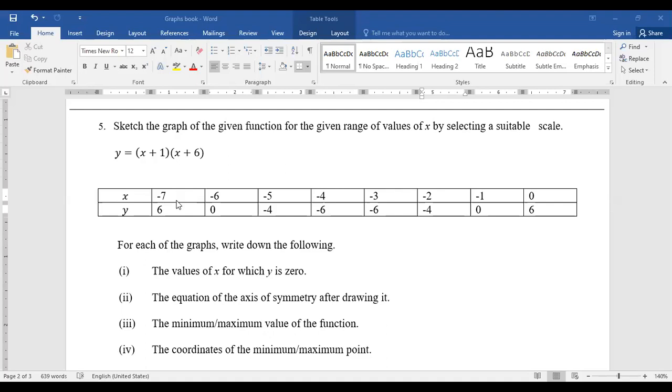So now you can see here in the x-axis you need up to negative 7, right? That is the negative direction, and in the positive direction there are no values; it ends at 0. And the y-axis you can see here, the greatest positive value is 6. In the negative direction you need negative 6. That means you can see here there is no turning point, right?